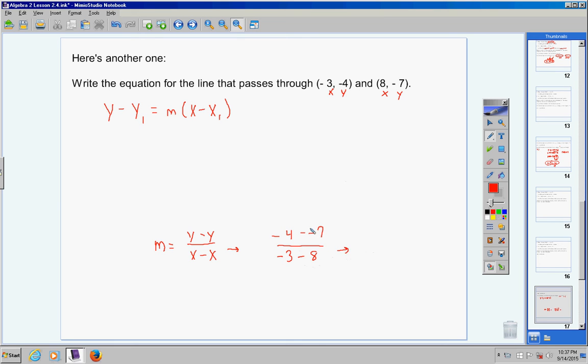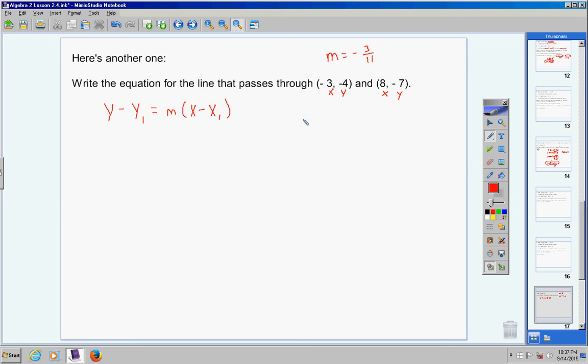A negative 4, negative is a positive 7, negative 4, positive 7 is a positive 3. Negative 3, negative 8 is negative 11. A positive over negative is negative, and 3 over 11 cannot be reduced. So there's the slope. So now I know what M is. Negative 3/11.